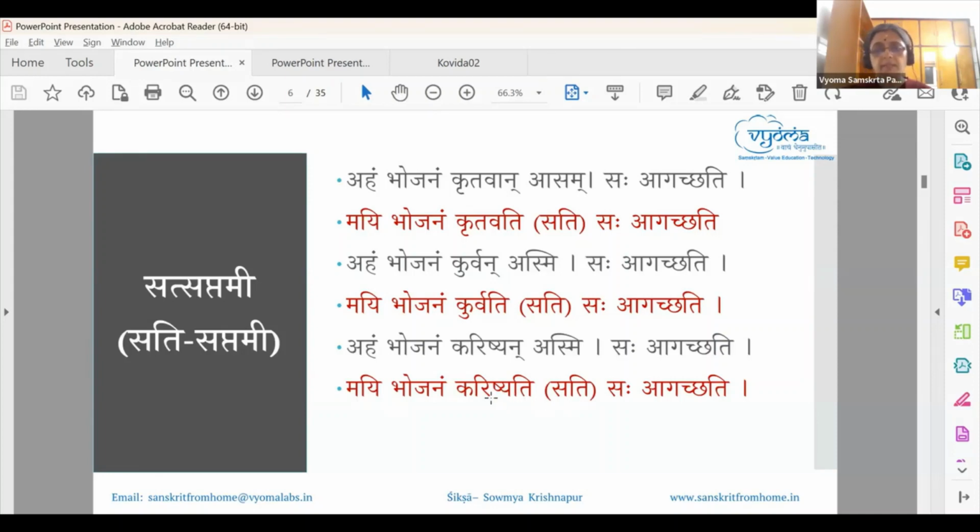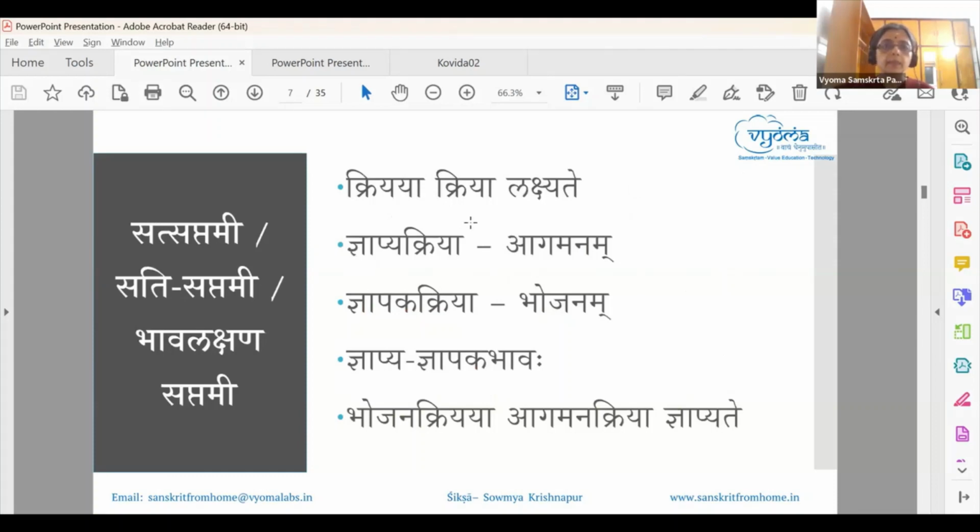So it will have the same Linga and Vachana as the Prathama Vibhakti in the original sentence. Aham Bhojanam Karishyan has become Mai Bhojanam Karishyati, and we add this Sati, which is the Saptami Vibhakti of Sat Shabda. So if we look at more examples, it will become clearer.